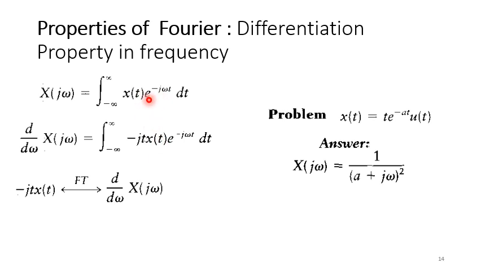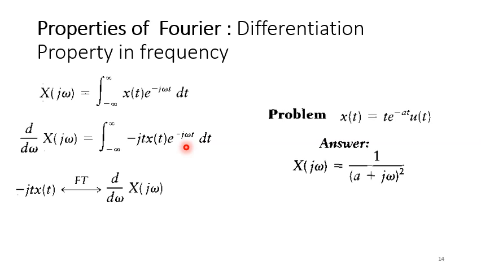So for e to the power minus j omega t, differentiation gives the same e to the power minus j omega t, multiplied by the derivative of minus j omega t, which is minus j t. So I get the integral of minus j t x of t e to the power minus j omega t dt.